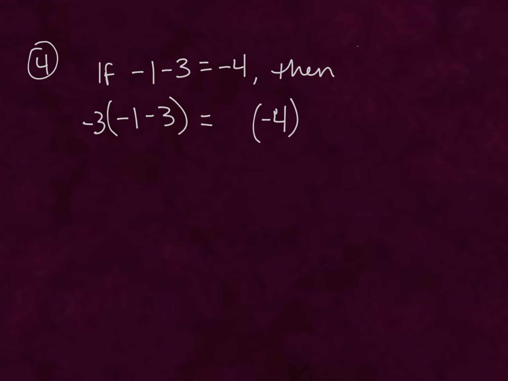I'm going to do those two in a different color so you can see the start and the end result. So if they start out with these pieces, then when we multiply by -3, both of those pieces are still equal to each other.